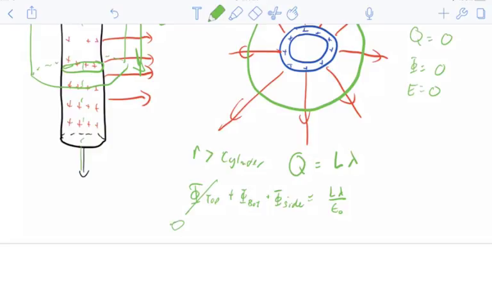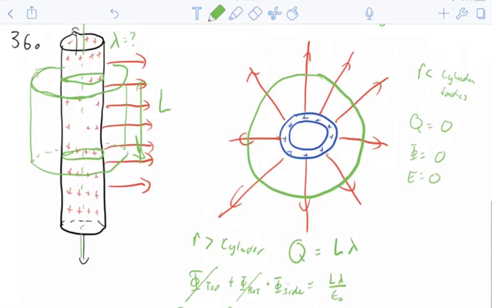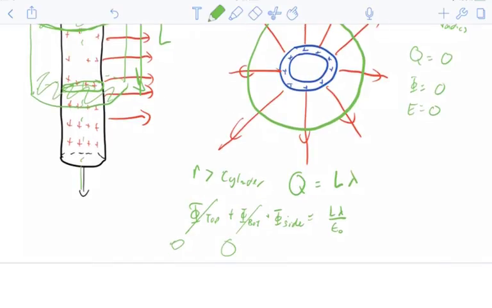The flux through the bottom plate is going to be 0 because they're parallel to the field, right? The field's running horizontally, and this top plate and this bottom plate are also horizontal. And so the entire side, that's going to be area of the side times the electric field strength, equal to L lambda over epsilon naught.